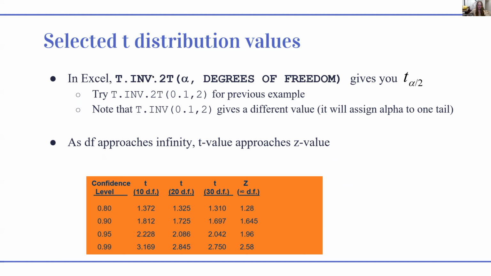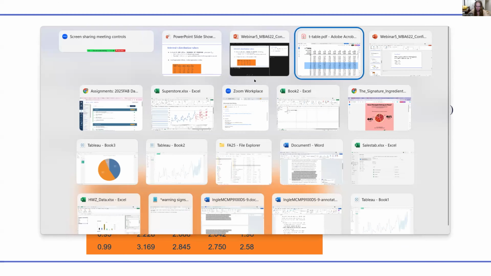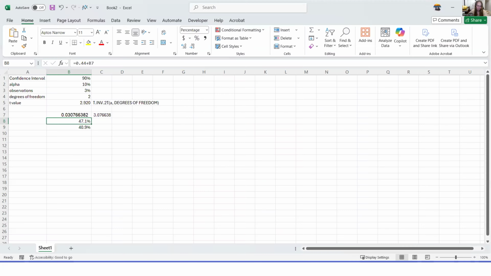It's T.INV.2T. The 2T stands for two tails, right? So all you need is the alpha and the number of degrees of freedom. So I think I have a little thing where I did it up here. Yeah. So I sort of wrote it out here.